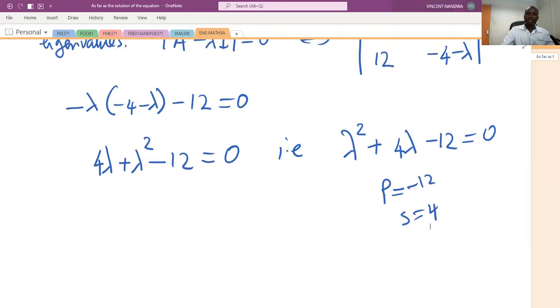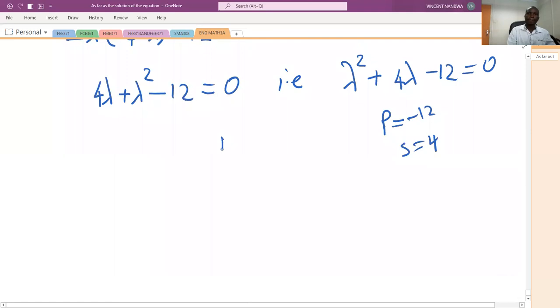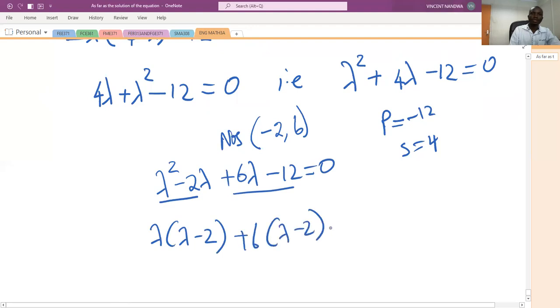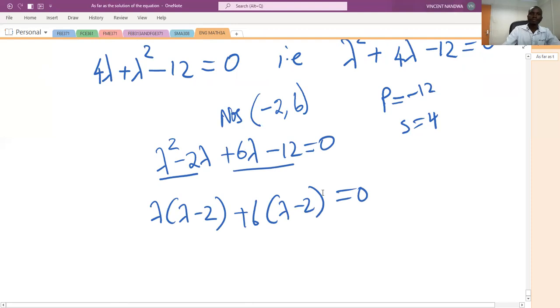Product is minus 12. Sum is 4. So we need to get two numbers which will give us this product and sum. Numbers are minus 2 and 6. So that I have lambda squared minus 2 lambda plus 6 lambda minus 12 equals 0. Common here is lambda: lambda times lambda minus 2, plus 6 times lambda minus 2, equals 0.